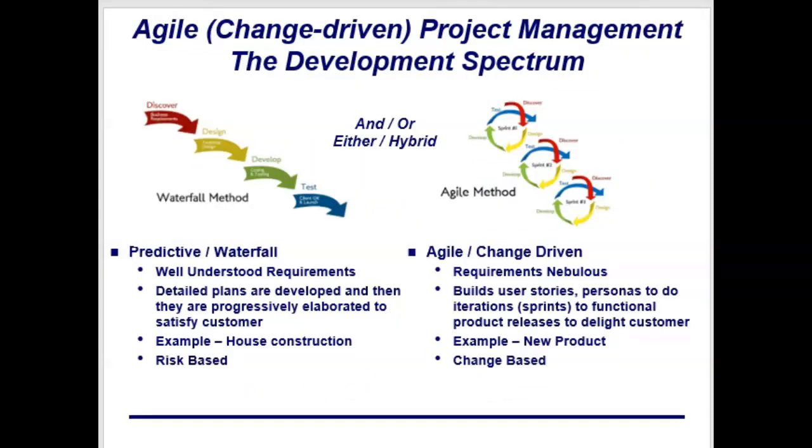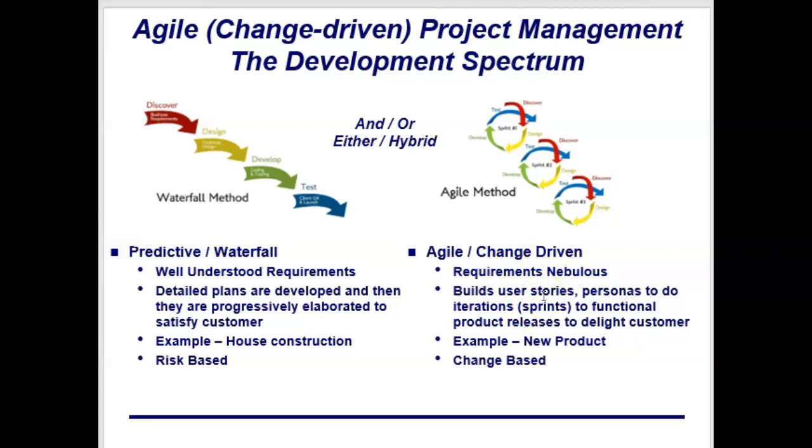Now, also new to this exam is that there's a bigger focus on Agile project management. So this course generally largely studies on the left-hand side predictive or waterfall project management. But it is going to incorporate now more Agile change-driven project management.